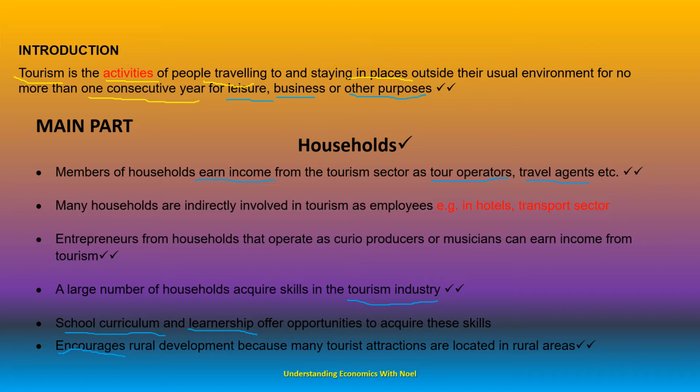In those areas, we can actually improve employment. So many tourist attractions are located in rural areas, not because they do not have the required skills, but because they actually have a lot of tourist attractions in that particular site.